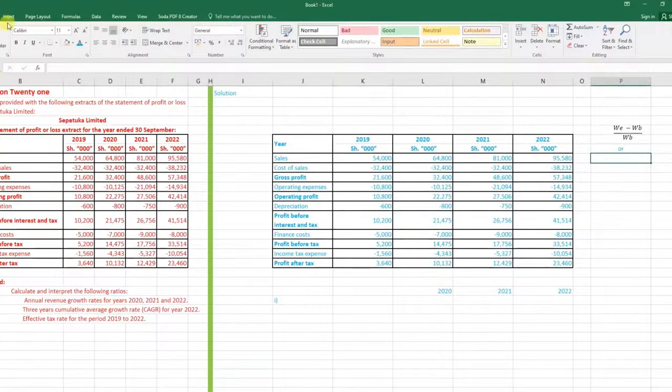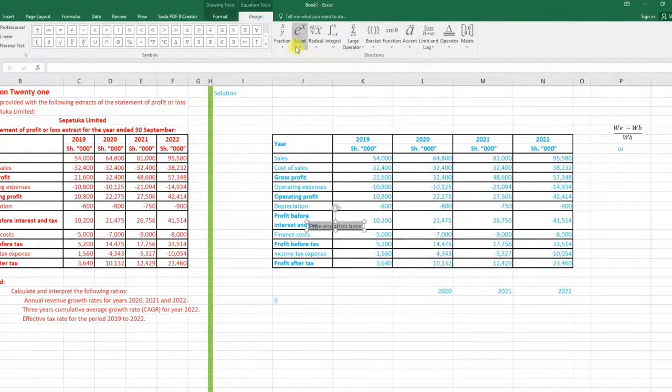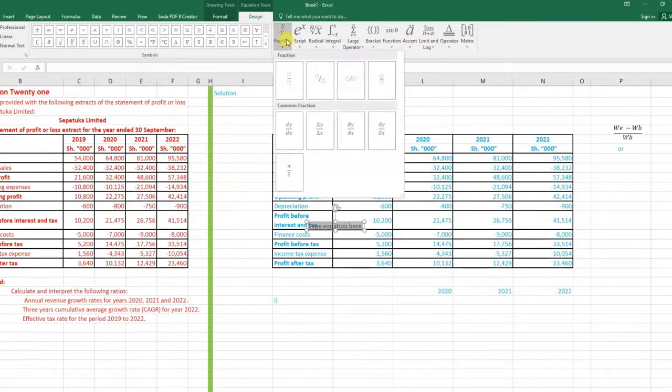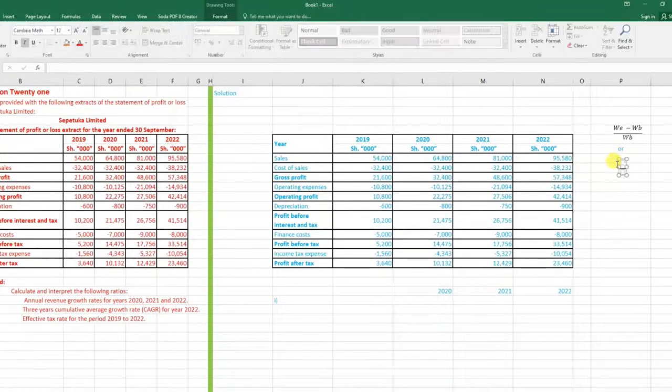So I insert again a fraction or an equation. Then I come here to fraction because I'm inserting like that. You could select either of the options, so long as you have a fraction.